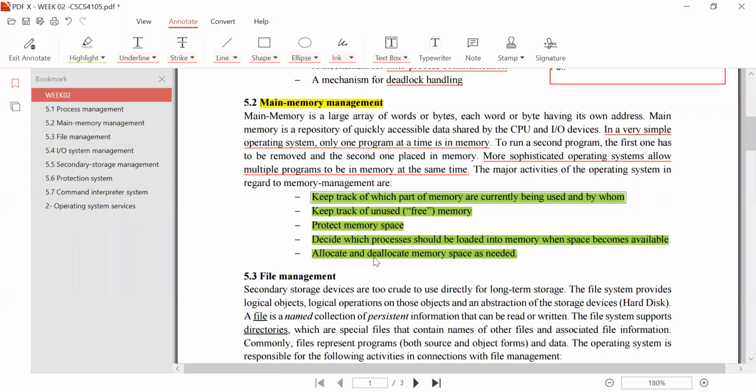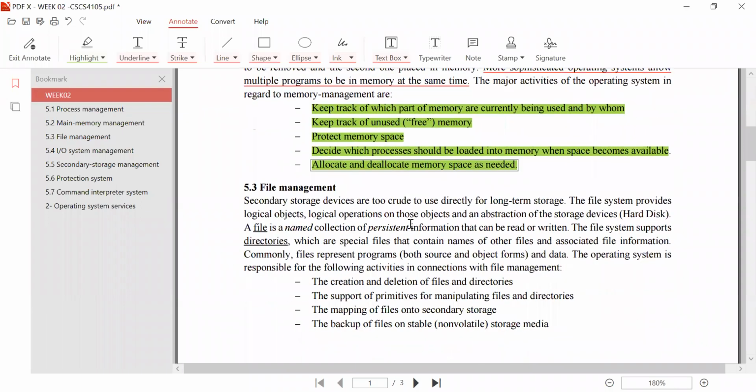And it also deallocates and allocates memory spaces when needed. If the operating system discovers that one process has hogged the memory, has been in memory for too long, it can decide to deallocate that memory from that process and give it to another process. So the operating system is responsible for all this.